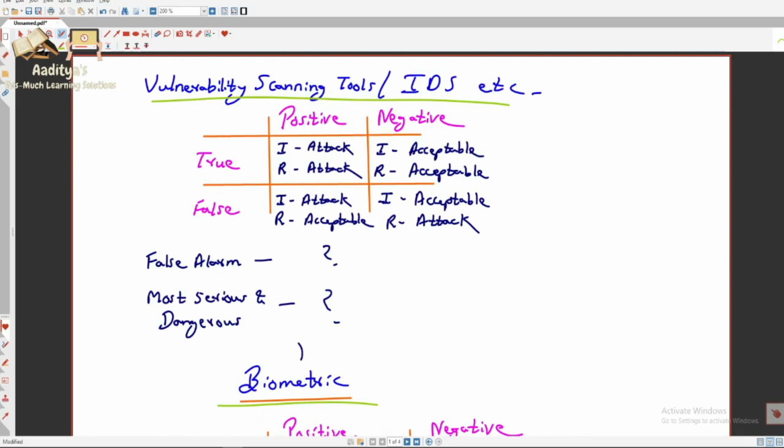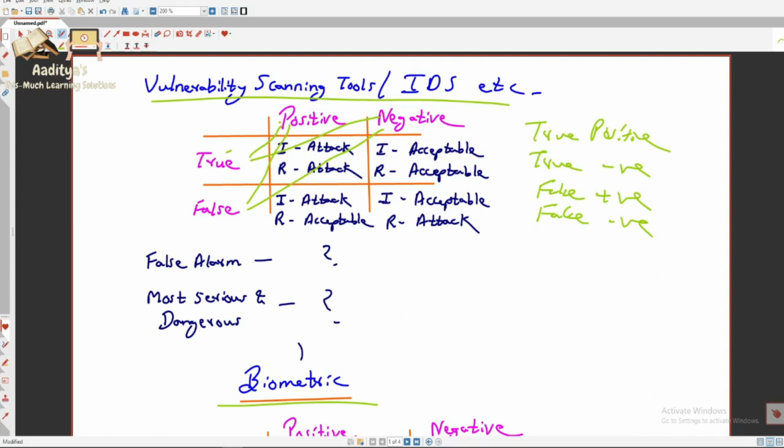All right, now you have to understand that there are four things: true positive, true negative, false positive, false negative.